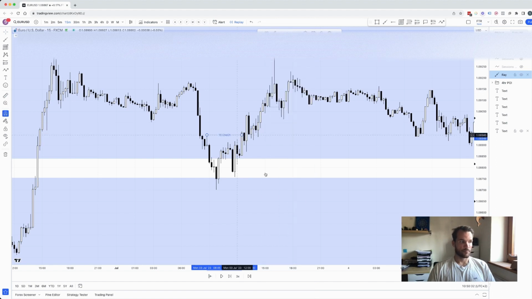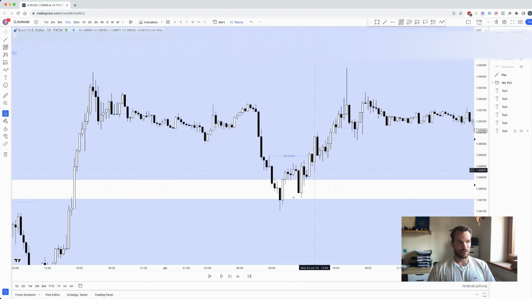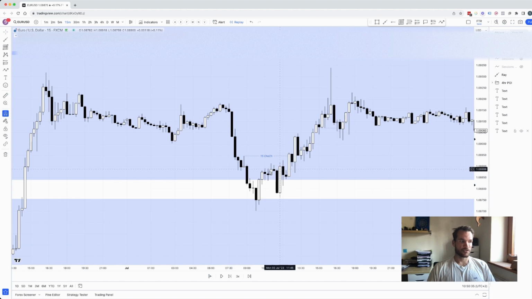Okay, so obviously this wasn't just a clean up and down. We've got quite a bit of price action going on within this before the CHOCH occurred. Before this price action, if we didn't have this huge wick, this huge candle down, this would have been our extreme order block because it's the deepest point before the CHOCH.